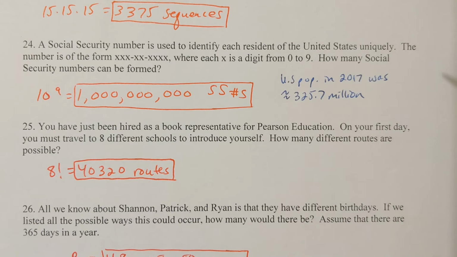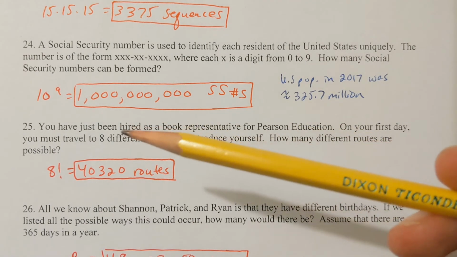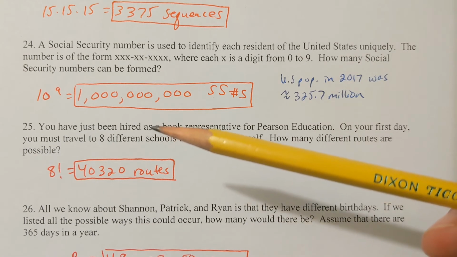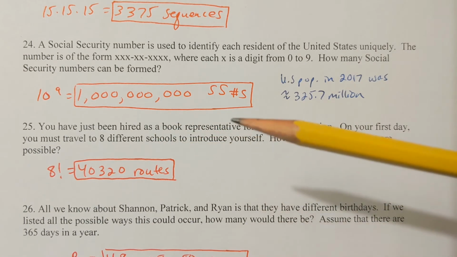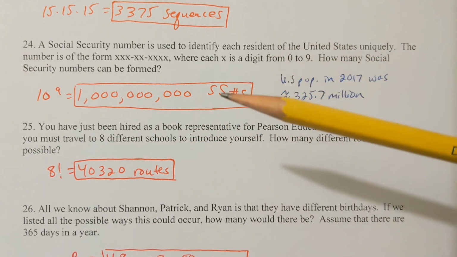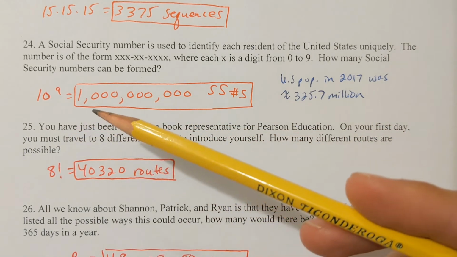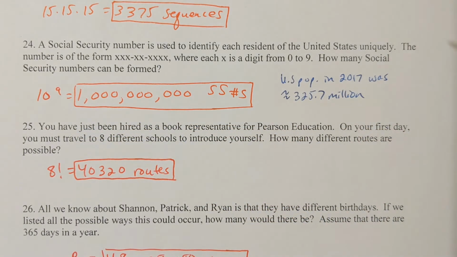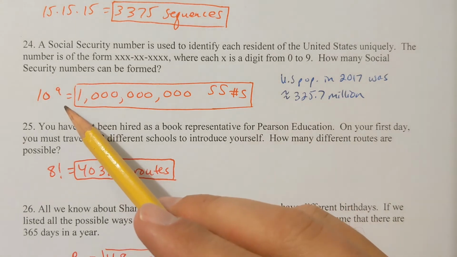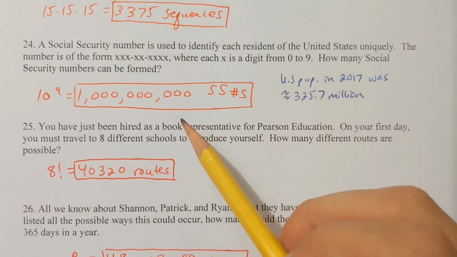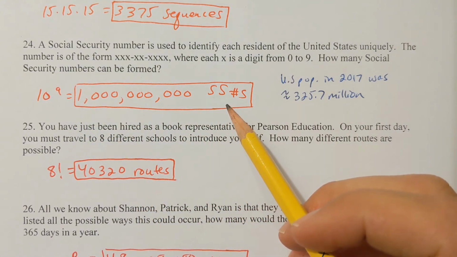They didn't say anything about that. So I've got 9 different X's, and in each one of the 9 spaces there, I can have 10 digits. Well, that'd be the same as 10 to the 9th. Okay, 10 to the 9th gives you 1 billion social security numbers.